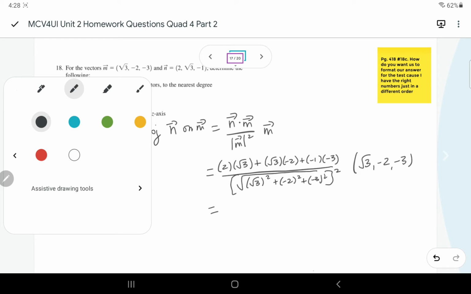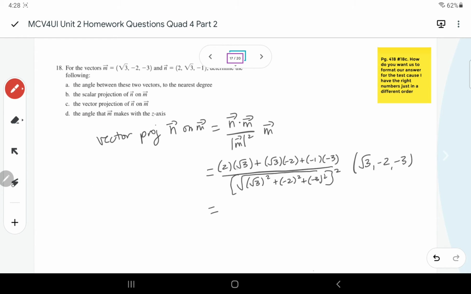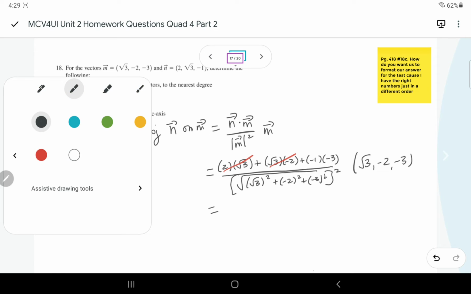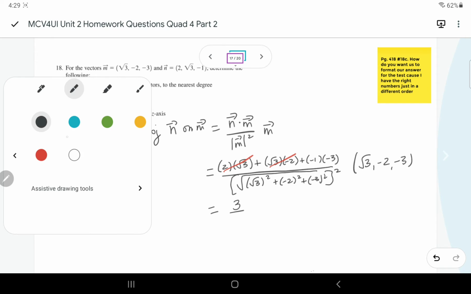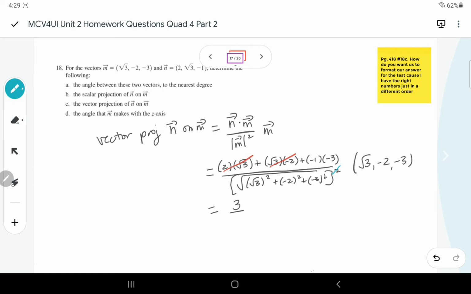So in the numerator, I'm going to say 2 root 3 and then minus 2 root 3. Those things just disappear. So then I just have -1 times -3 is 3. And in the denominator, I've got this squared out here and then the square root. So those are going to cancel each other out as well.